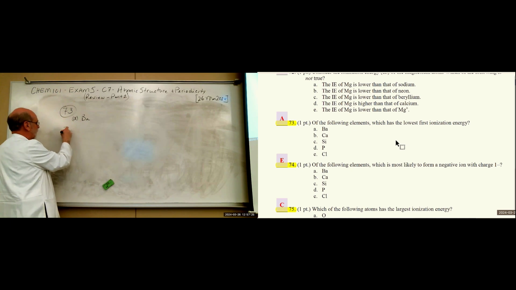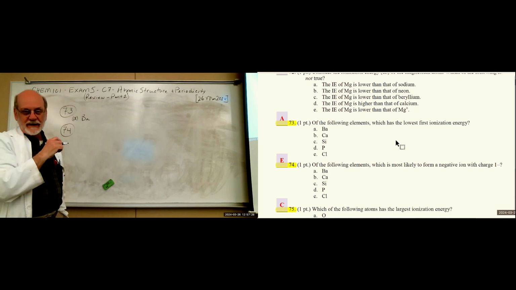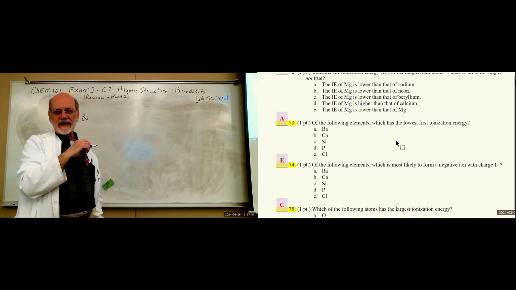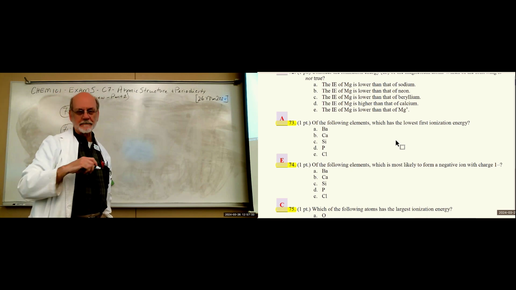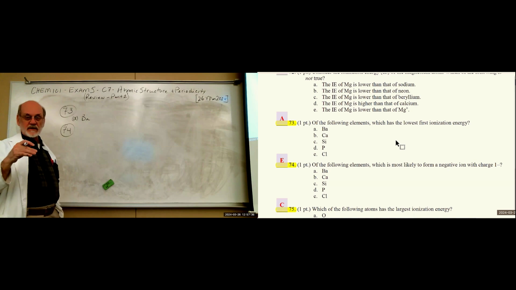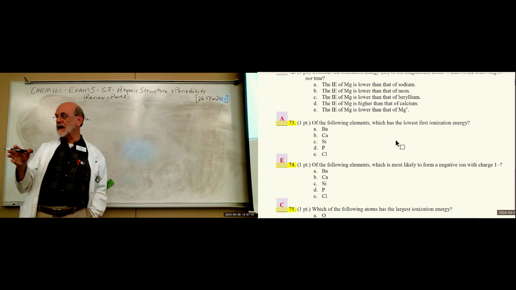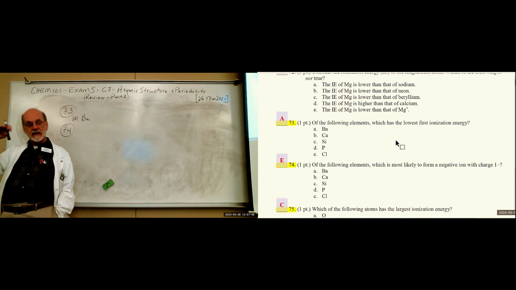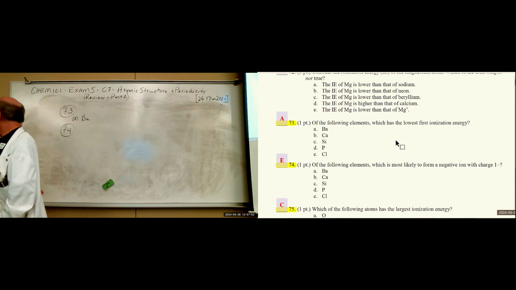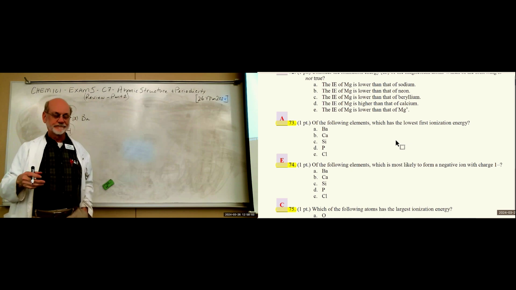How about 74? Of the following elements, which is most likely to form a negative ion with charge 1 minus? Okay, in this case, you're looking for most likely to form charge 1. We're looking to complete the octet, to complete an energy level, right? And all of these halogens need only one electron, and each one will look like its neighbor, noble gas.